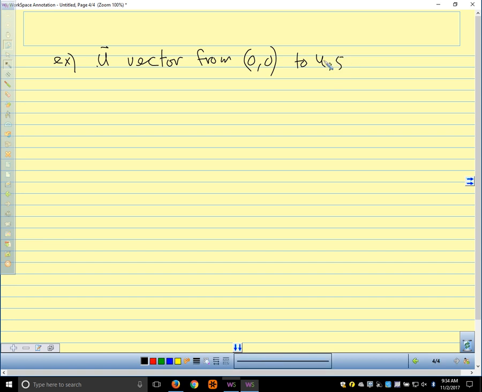Same problem that we did before. And v is the vector from 2, 3 to 6, 8. Show that u equals v.